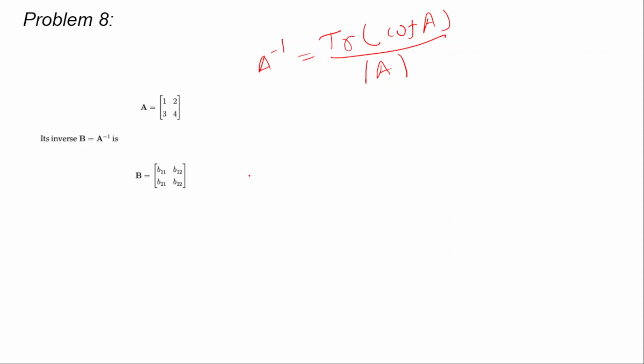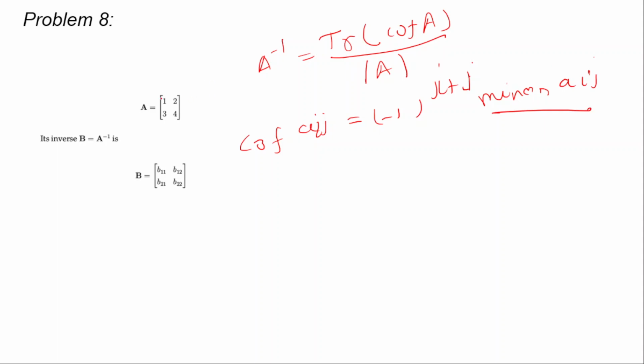Okay, now how do you calculate the cofactor matrix? The cofactor element Aij equals (-1) to the power i plus j multiplied by the minor of Aij. What is the minor?